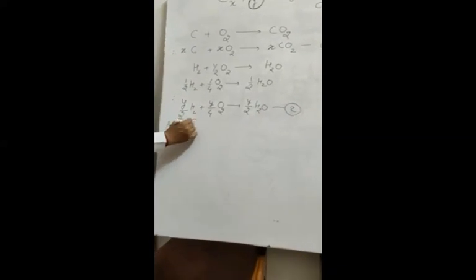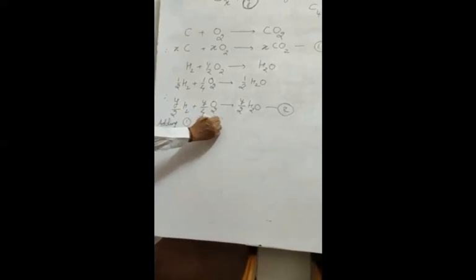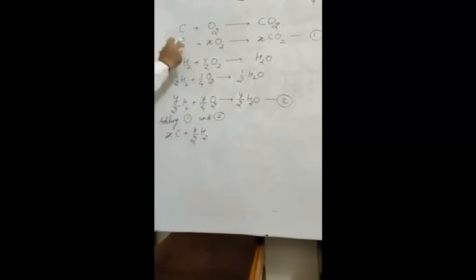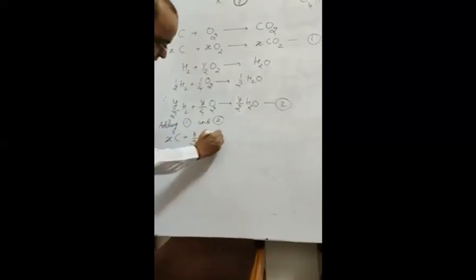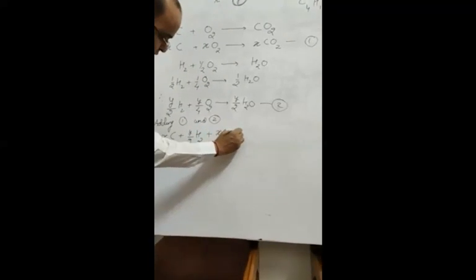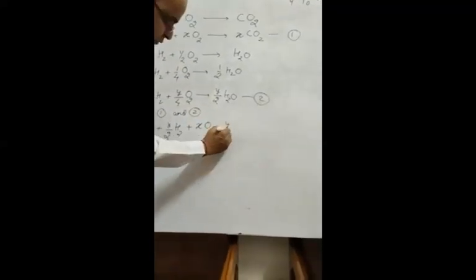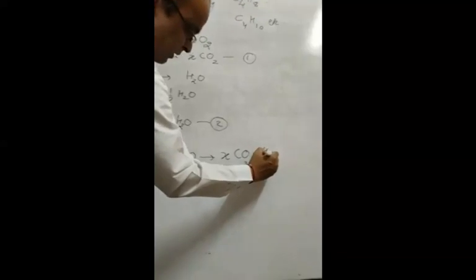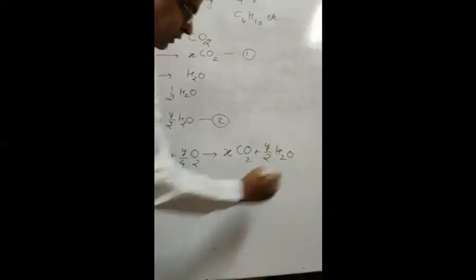So adding equation 1 and equation 2, we can write x atoms of carbon plus y/2 molecules of hydrogen combine with x plus y/4 of oxygen to give x molecules of carbon dioxide plus y/2 molecules of water.